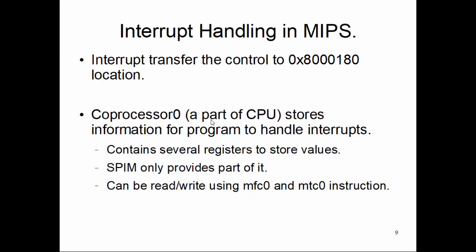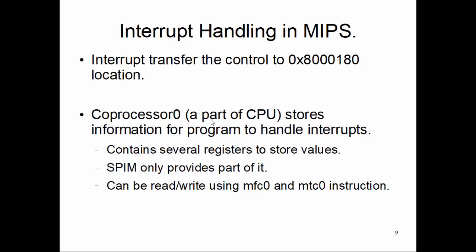Complexity-wise and size-wise it has a smaller footprint than the generic MIPS processor, but it is a processor and it has the capability to run in parallel with the main processor.